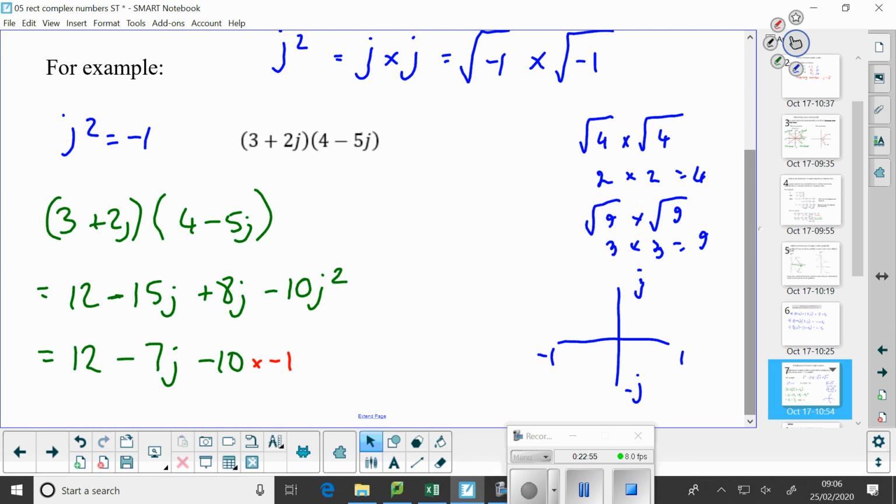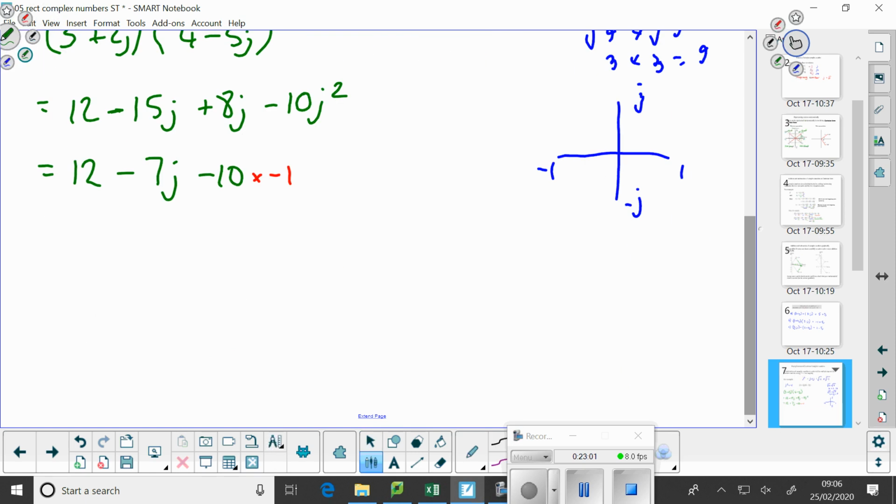Then we've got 12 minus 7j minus 10 times minus 1. Minus 10 times minus 1 is plus 10.